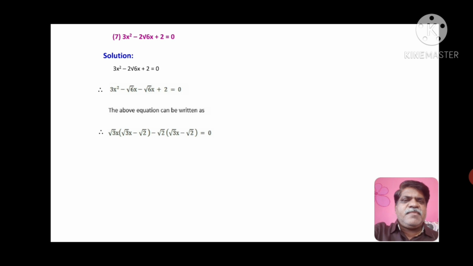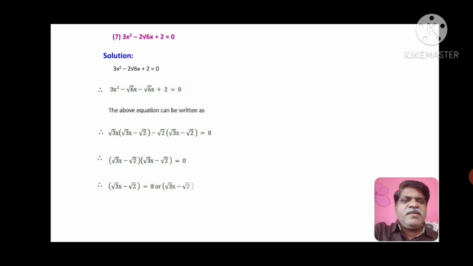So what is left in the bracket is root 3x minus root 2. Next, from the third and fourth terms, minus root 2 is taken out, so what is left is root 3x minus root 2 in the bracket, equal to 0. So here one bracket, root 3x minus root 2, is common, and in the other bracket we get the same expression, root 3x minus root 2.